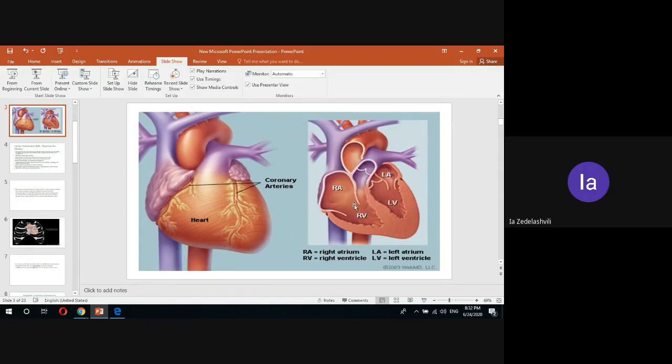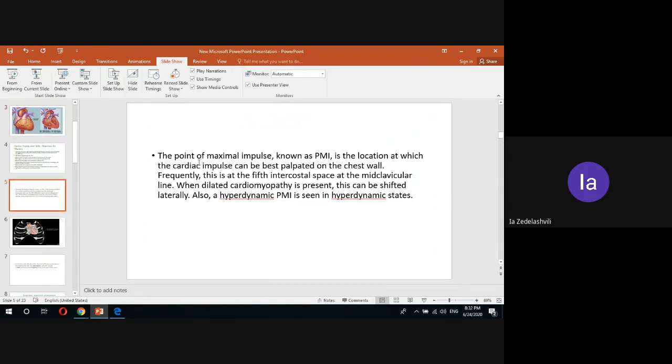Yeah, so we have to understand how it works. So now, the two ventricles and main vessels have their doors preventing a backflow, which are named valves. Okay, let's go then. So we have to find out the point of maximal impulse.